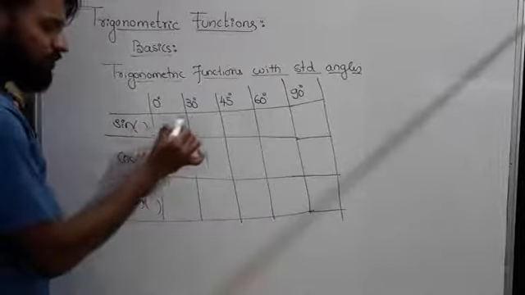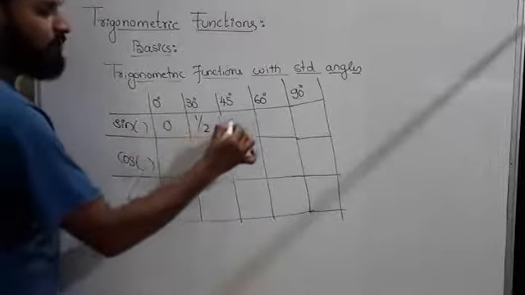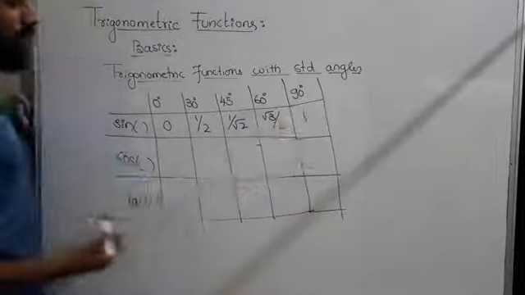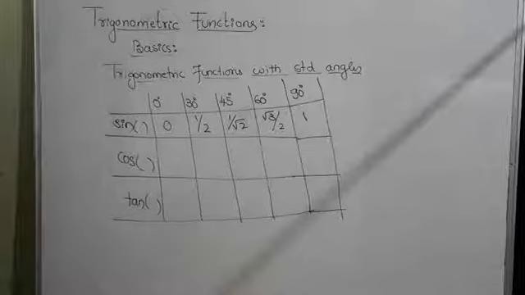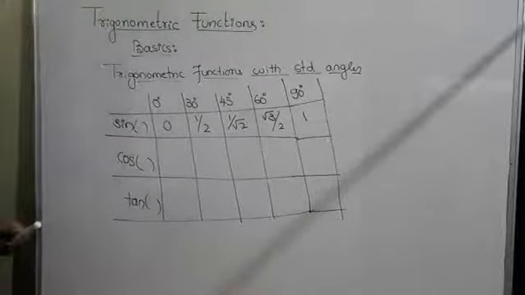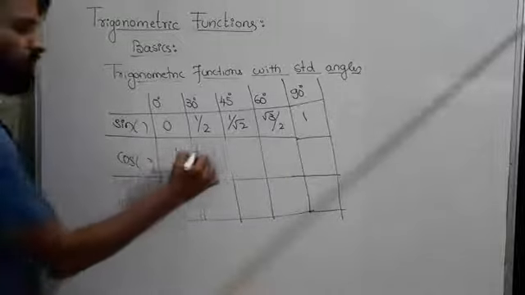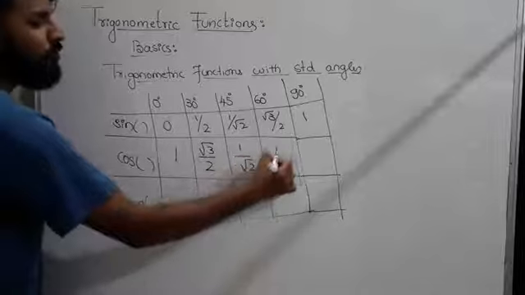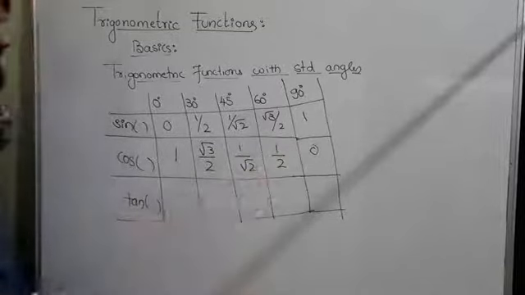So this is 0, sine 30 is half, this is 1 by root 2, this is root 3 by 2, and this is 1. You have to remember at least for sine. Writing cos and tan will be very easy. How do we write for cos? We just reverse the order. That is 1, root 3 by 2, 1 upon root 2, 1 by 2 and 0.